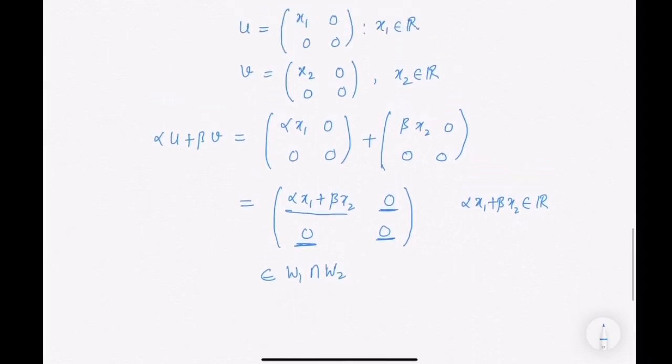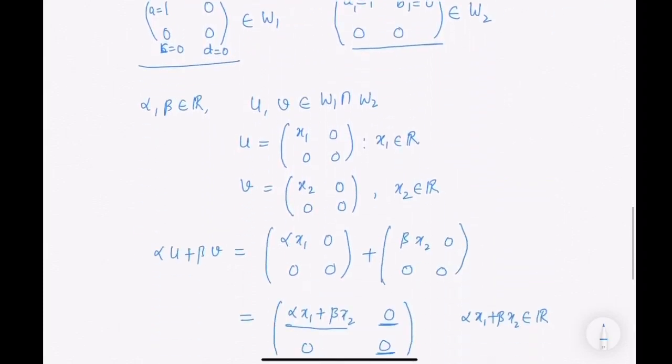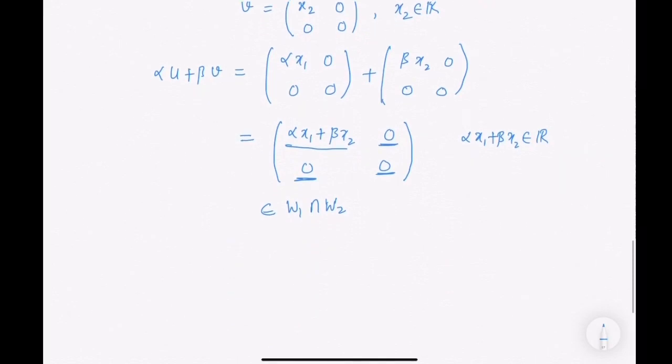So we clearly see here that W1 intersection W2 is a subspace of V(F).